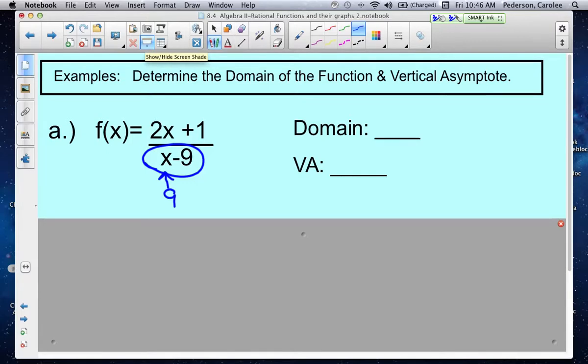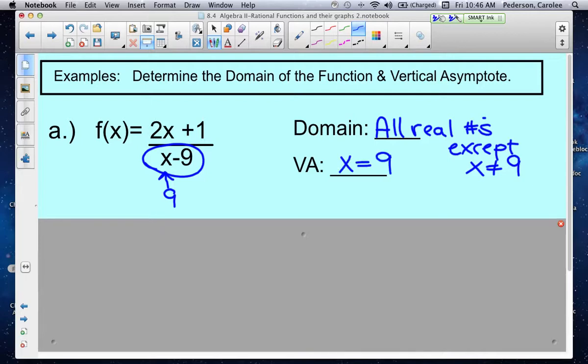So that is a restriction on its domain for x. How we write the domain is: all real numbers except x cannot be 9. If we were to graph this, there's a vertical imaginary line at x equals 9.